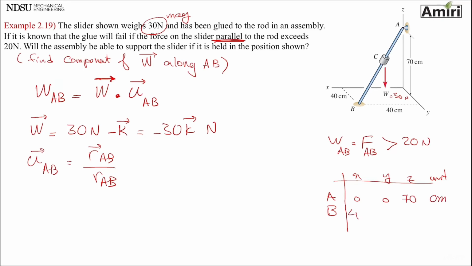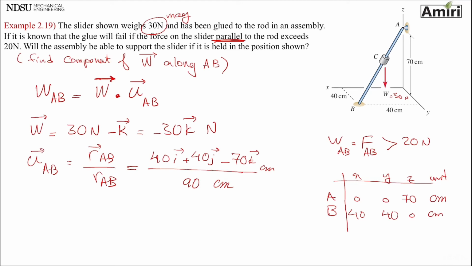B is located at 40 and 40 and 0 centimeters. So the unit vector here is going to be 40i, 40j, minus 70k divided by the magnitude, which is going to be 90 centimeters.